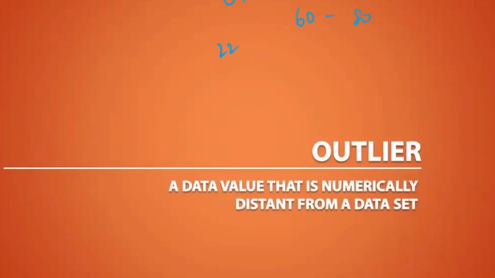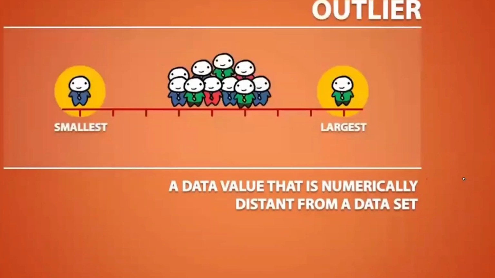So for the given data set, whatever is far away or completely different is called an outlier. That outlier can be on the left side, or on the right side, any side.